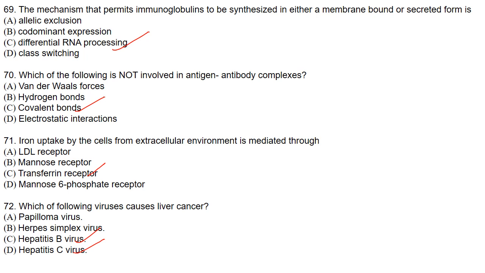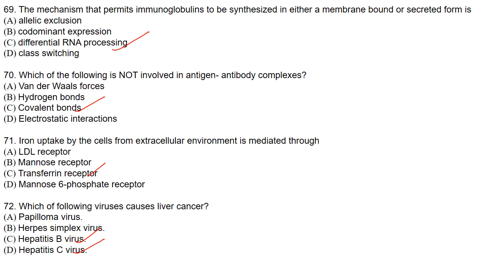The mRNAs encoding the membrane associated, that is mu M, and secreted mu S form of heavy chain immunoglobulin IgM are alternatively processed from a common primary transcript containing signals for competing splice and cleavage polyadenylation reactions.